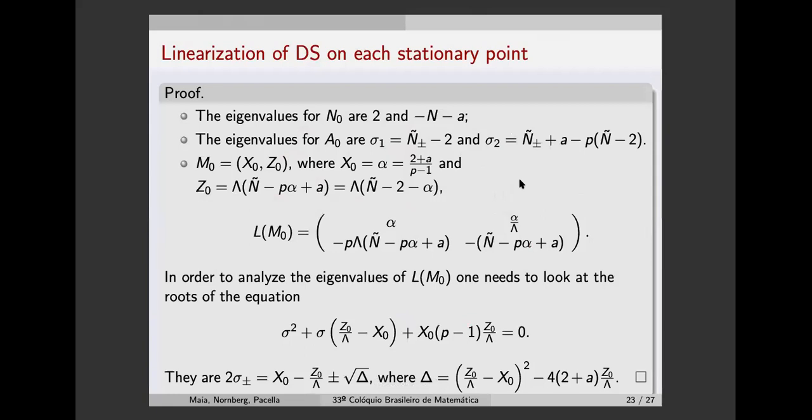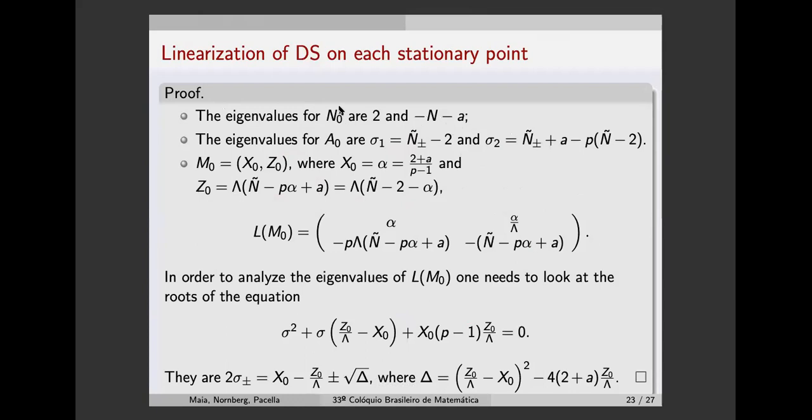Now, using this linear matrix, we study the eigenvalues of the matrix, which are going to be the eigenvalues of these stationary points. The eigenvalues for N0 are 2 positive and minus n minus a negative, which means that N0 is a saddle point.